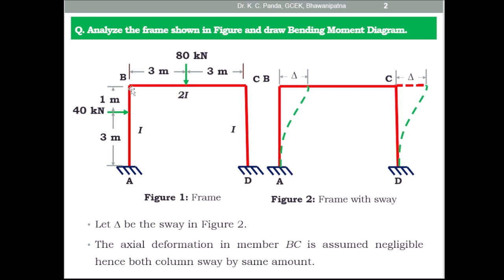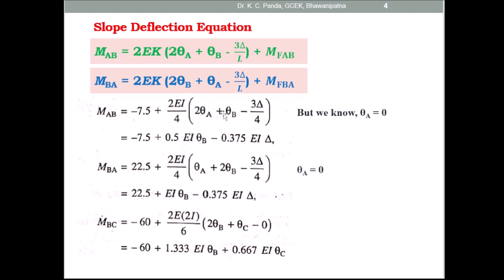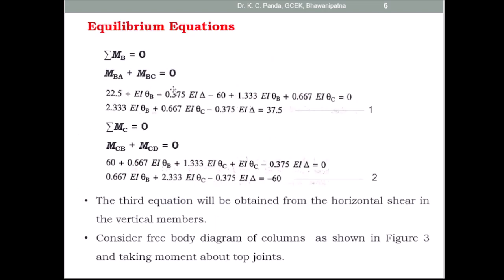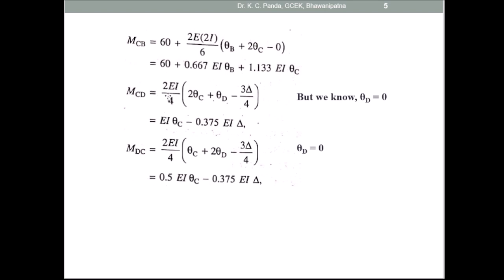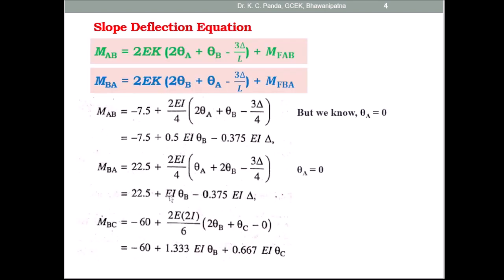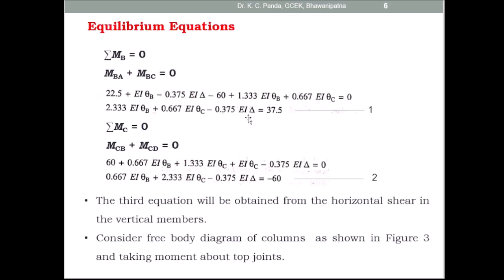So MBA plus MBC is equal to 0. Here you put the value of MBA and MBC. You know MBA, this is the expression, and MBC, this is the expression. So put these expressions in this equation. Then after simplification, this is equation 1.